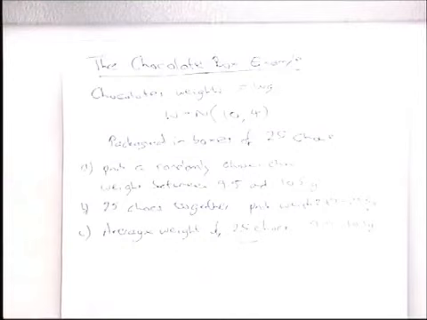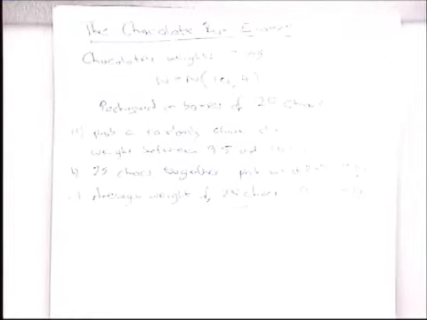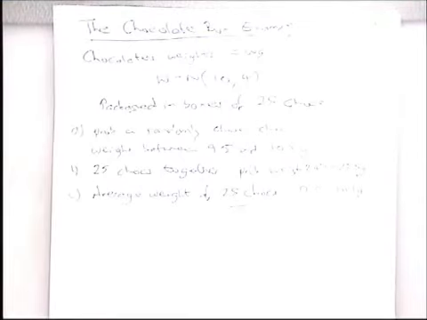So, part A is about individual chocolates. Part B is about the total weight of 25 chocolates that will make a pack. And part C is the average weight of 25 chocolates that would make a pack. It's these three different scenarios, and being very sure you know what's going on in each one, that's important.